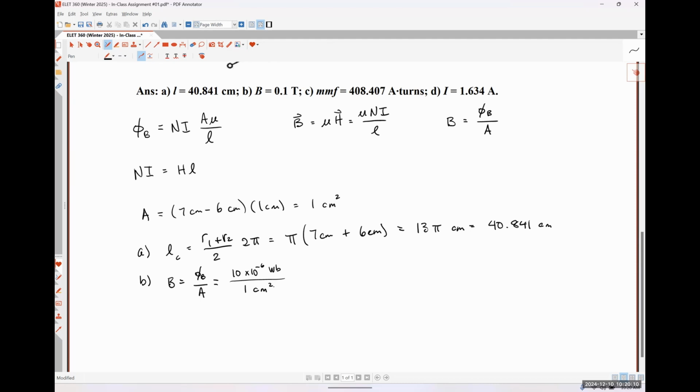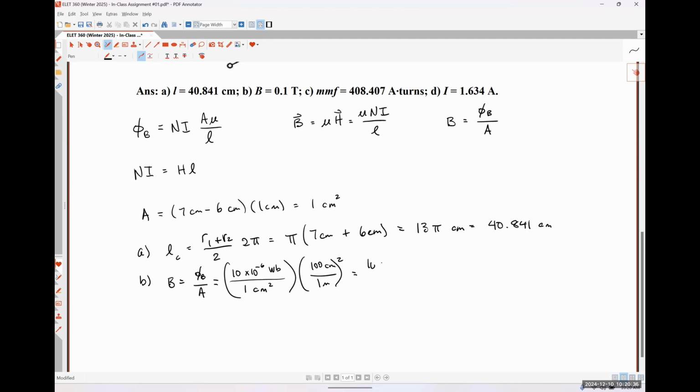Now, we are expecting the units of our magnetic flux density B to be in Tesla, where a Tesla is a Weber per meter squared. So we're going to have to convert our centimeters into meters to make this work out, right? Let's go ahead and do that real quick. There are 100 centimeters per meter, and we need to square that conversion factor.